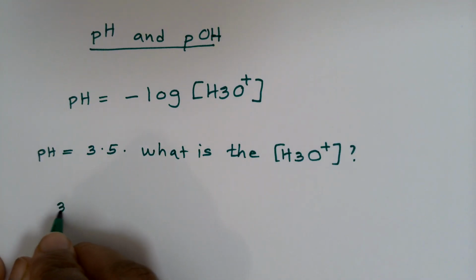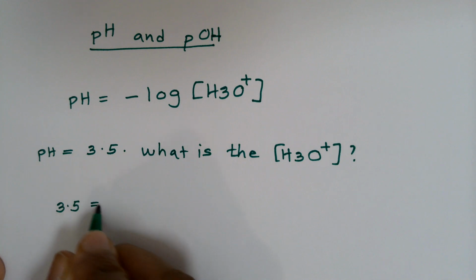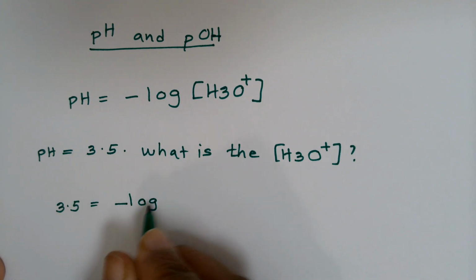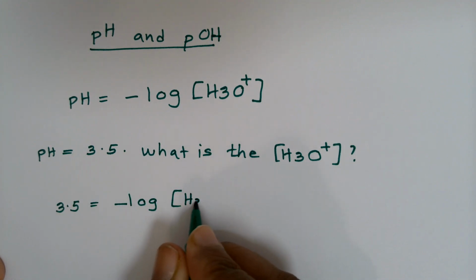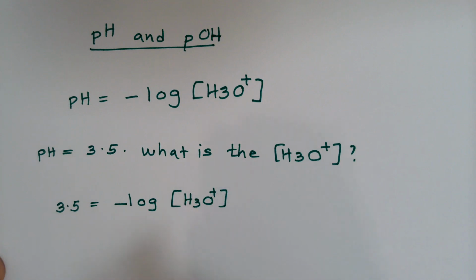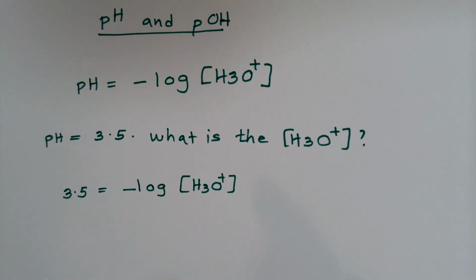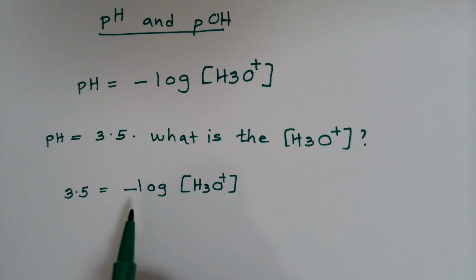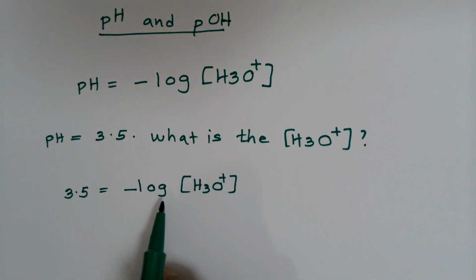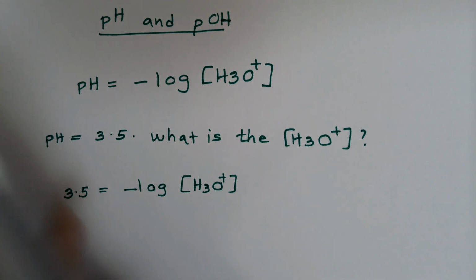So our pH of 3.5 is equal to negative log of the H3O+ concentration. Now we need to take the anti-log of both sides. If you take the anti-log of this side, it becomes the H3O+ concentration.